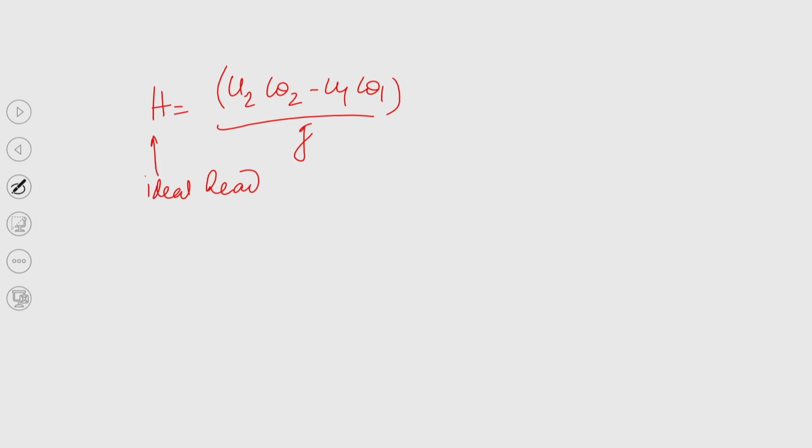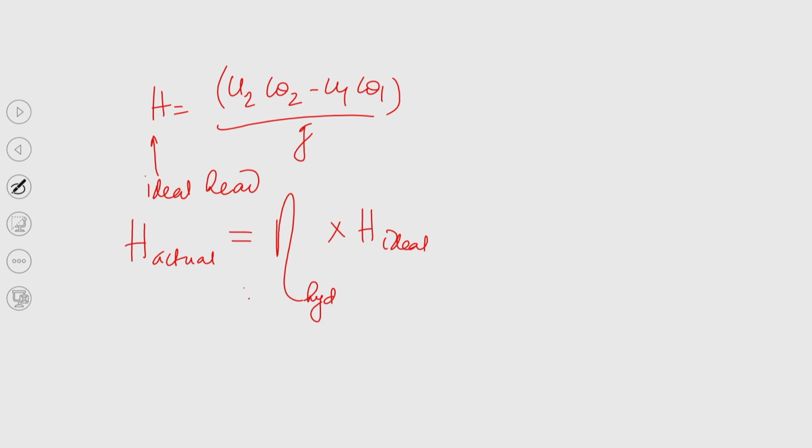So, the actual head you can clearly see, actual head will be always lesser than the ideal head. Okay. So, the actual head will be always less than the ideal head, and this will be multiplied by a factor, and that factor is known as eta hydraulic.